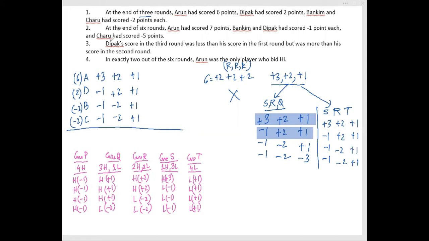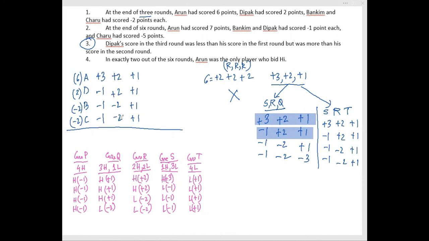Now to achieve this, we can see point number 3. Deepak's score in the third round was less than the score in the first round, but was more than his score in the second round.